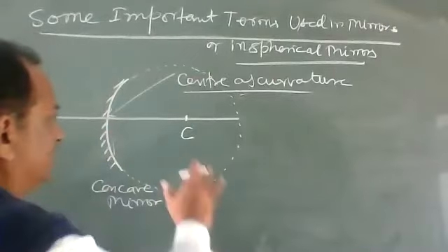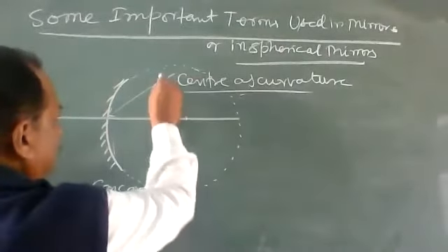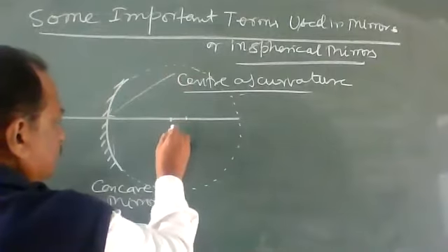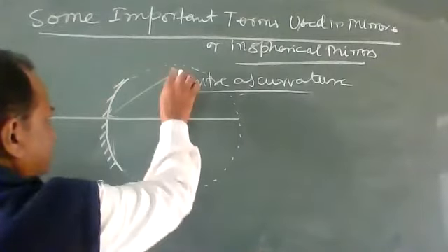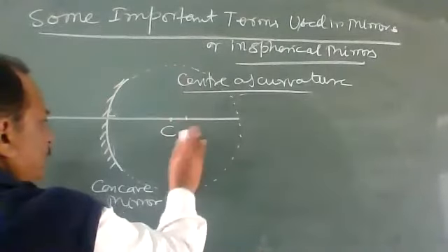This central point is C, and it is called the center of curvature.